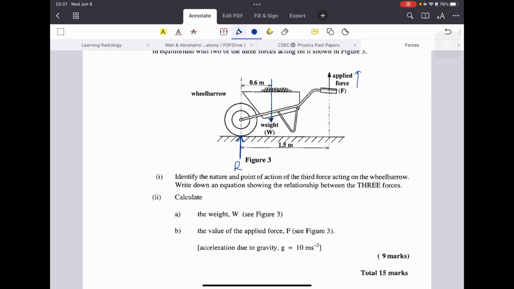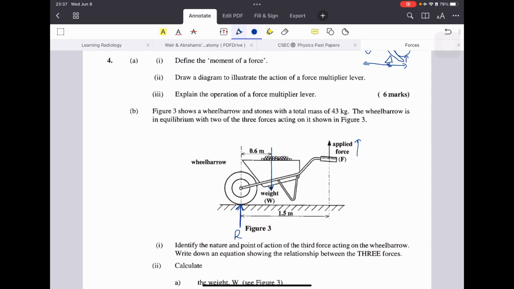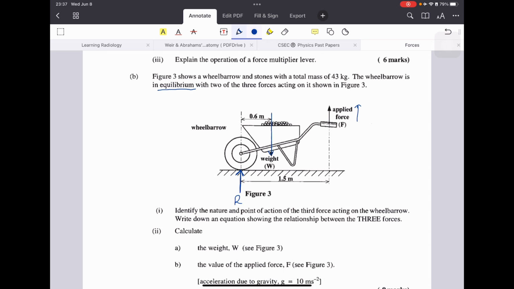And we need to write down an equation showing the relationship between the 3 forces. So they said that this is an equilibrium, which means that at this fulcrum here, so the wheel is the fulcrum, R will be equal to any of the other forces on the opposite side of it, right? So R is an upward force, so that means the applied force will be a positive force, right? So we'll have to say that the applied force F is 1.5 meters away from the fulcrum.